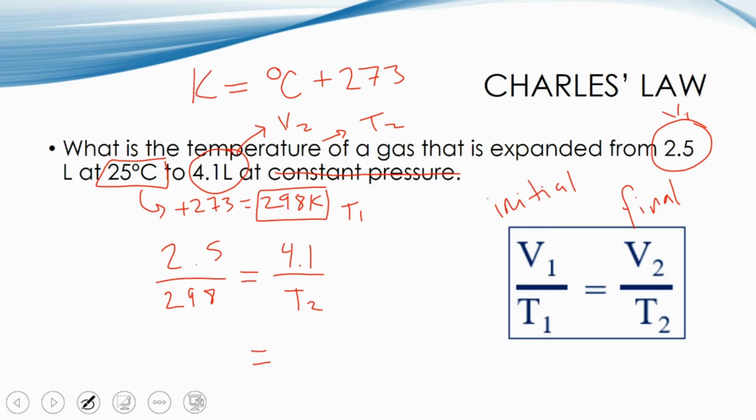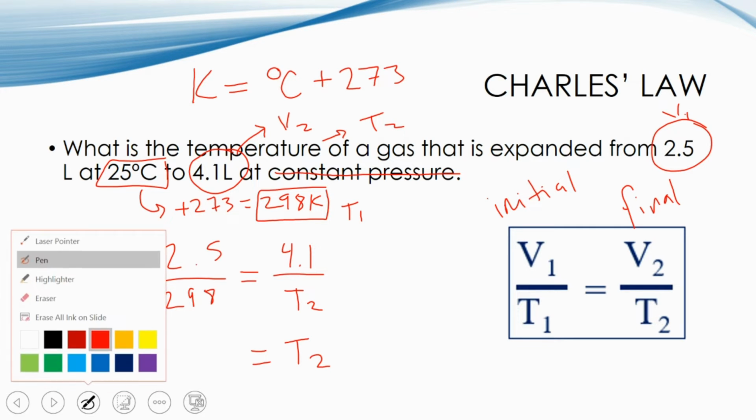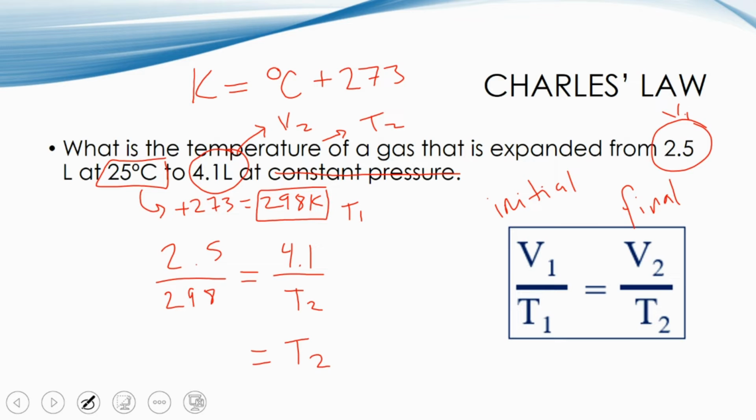So when we have our answer, which is going to be T2, we can make a prediction actually. We know that Charles's law is a direct relationship. So if the volume goes up, the temperature will go up. Temperature goes down, volume goes down, right? So here let's just look, and I'm going to do that in a different color. Our volume went up, right?